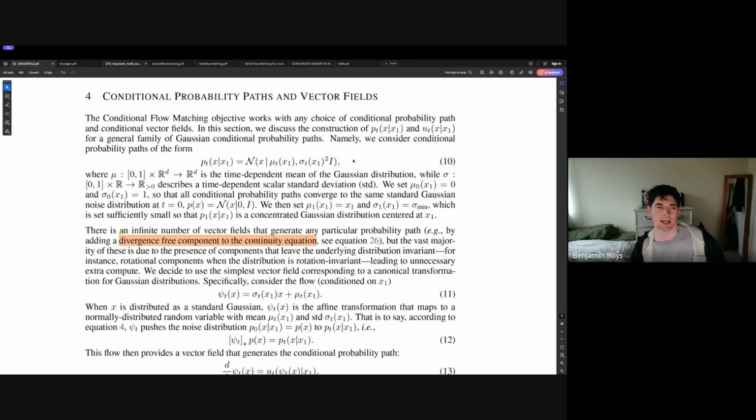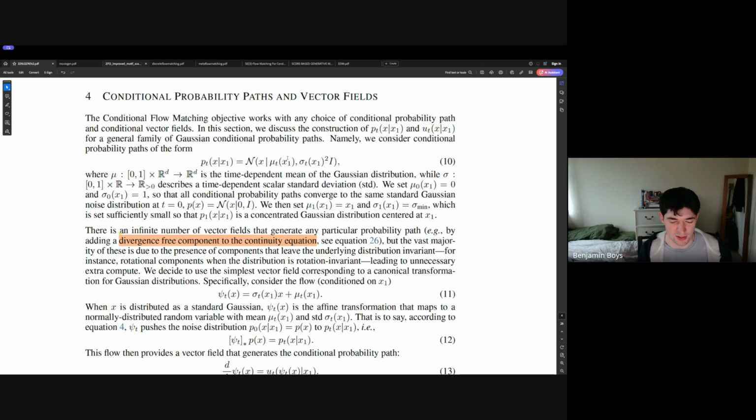Well, I think that if you define an ODE or an SDE, which is a diffusion, then that is enough to specify what mu and sigma are. But in training, you're only interested in what mu and sigma are. You don't care about what the ODE or SDE that was used to parameterize mu and sigma was. So they're saying, we don't care about ODE or SDE. Just parameterize the mean and standard deviation of this transition kernel.